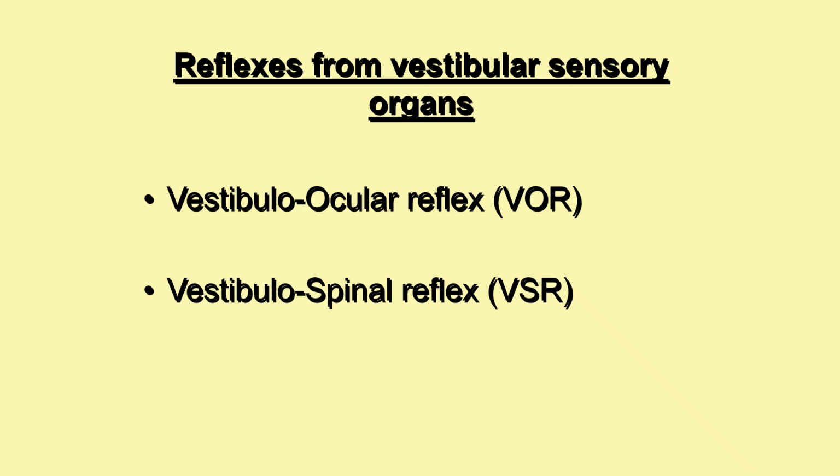Reflexes activated by the vestibular apparatus are the vestibulo-ocular reflexes and vestibulospinal reflexes. The vestibulo-ocular reflex goes from the vestibular apparatus to the vestibular nuclei through the vestibulocochlear nerve, and from the vestibular nuclei to the extraocular muscles, which helps fix the vision on particular parts during angular rotations and linear acceleration.